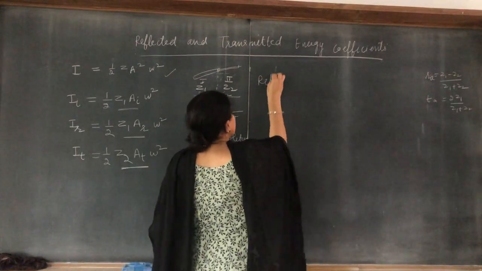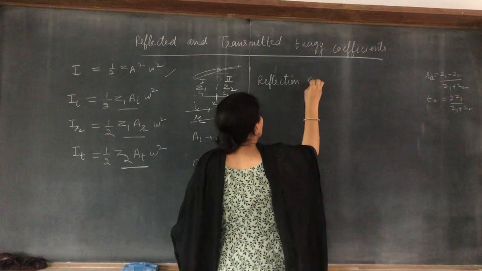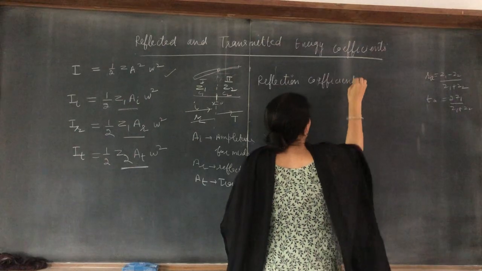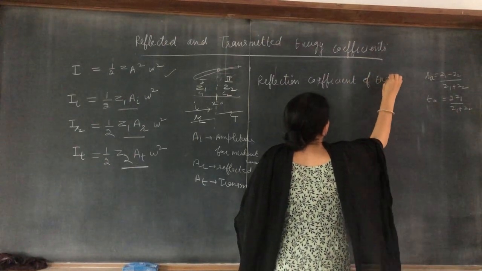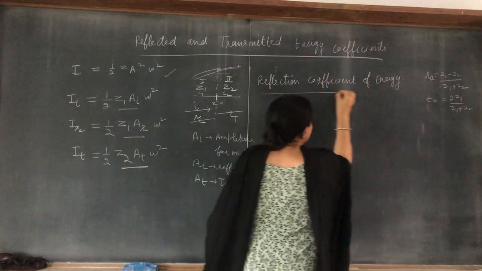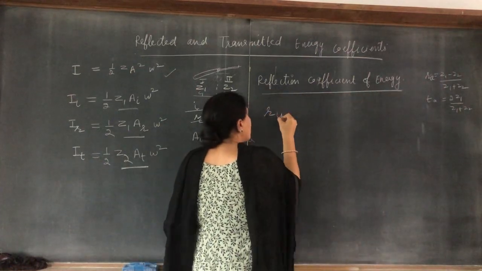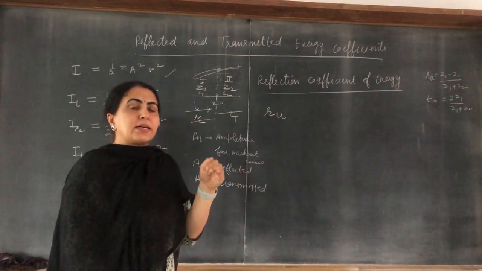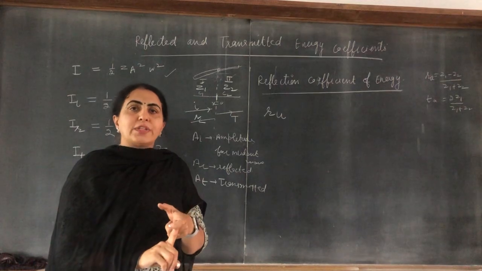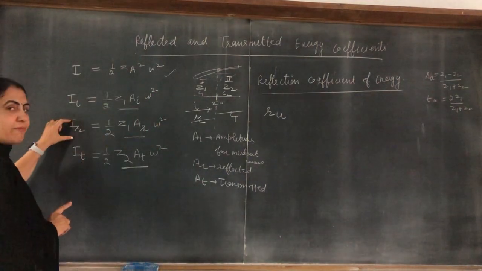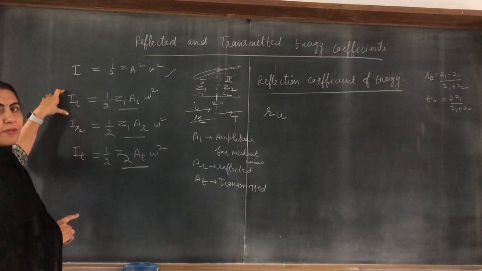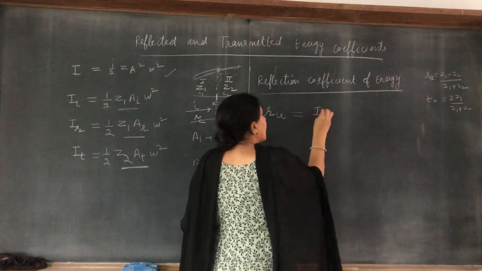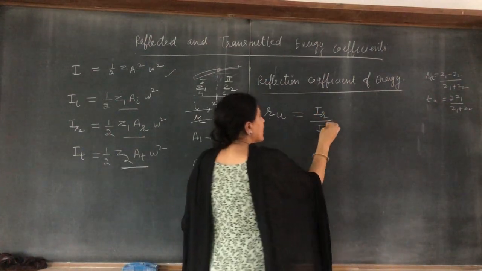The symbolic representation for this is R_E. It is defined as the ratio of the intensity of the reflected wave to that of the incident wave. So it is defined as the ratio IR by II.